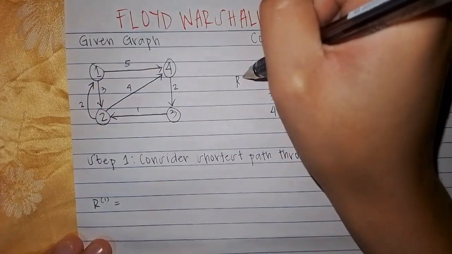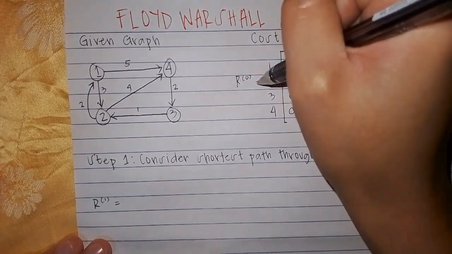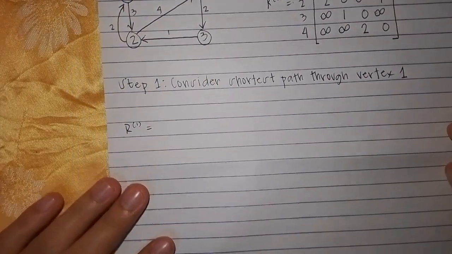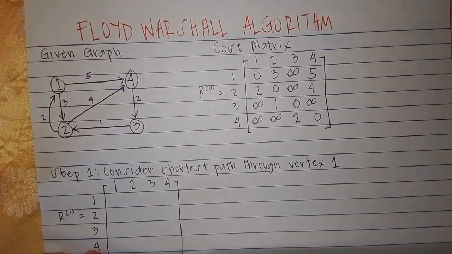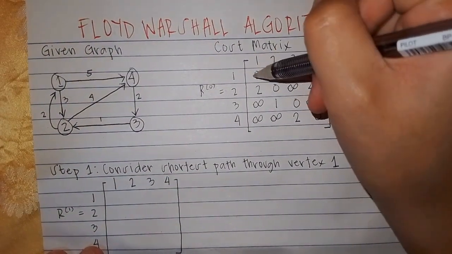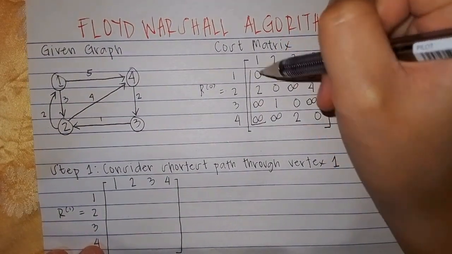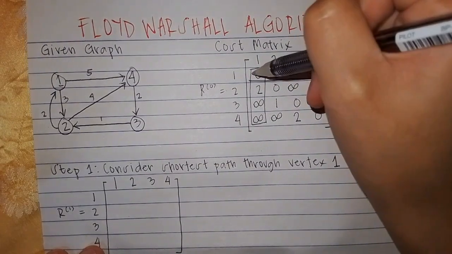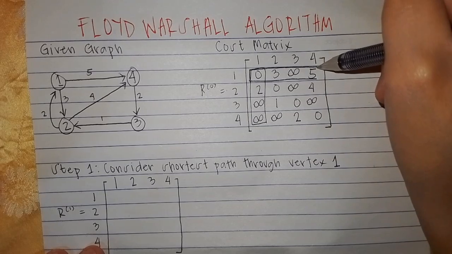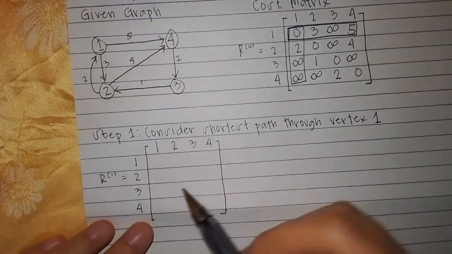The initial cost matrix we call R of 0, and the new matrix that we are going to find is R of 1. Since we are not disturbing the first column and first row values, we need to copy them into the new matrix.